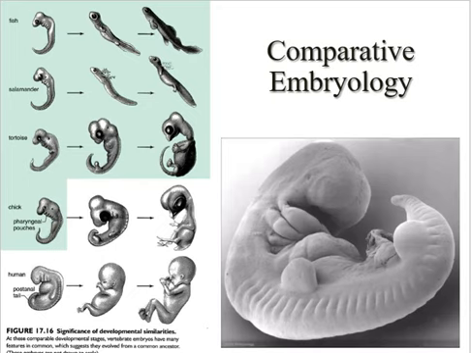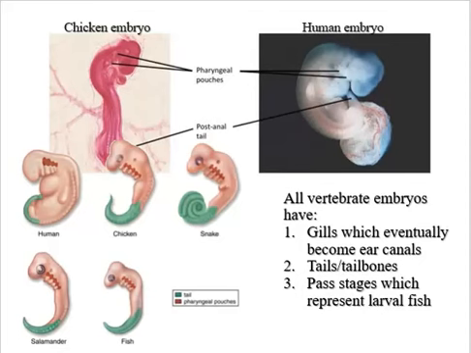So, for instance, all vertebrate embryos have gill slits or pharyngeal pouches, which are these little knobby looking things here, and they all have tails. They also all pass through different stages which represent larval fish.